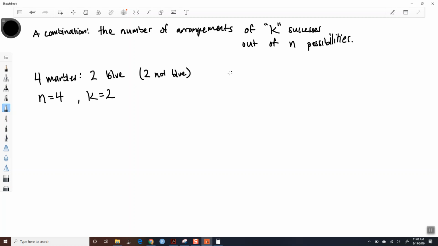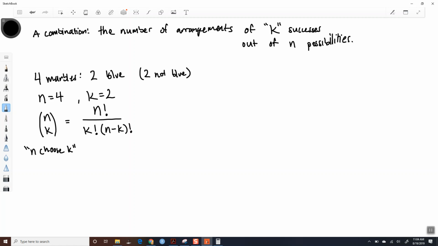The way we write this is n over k in parentheses, and we call this n choose k. The formula for this is n factorial divided by k factorial times (n minus k) factorial.